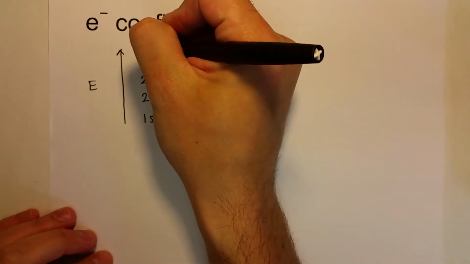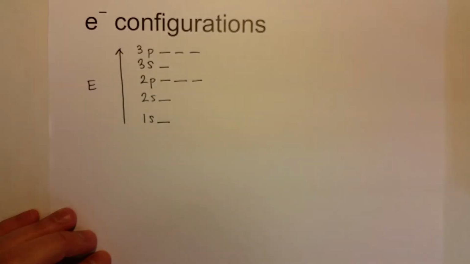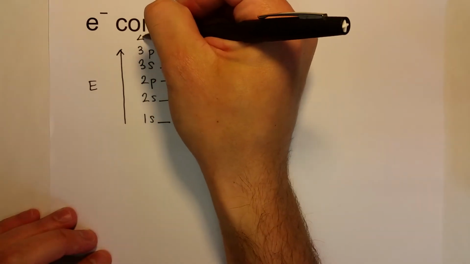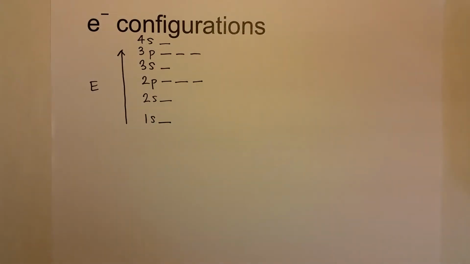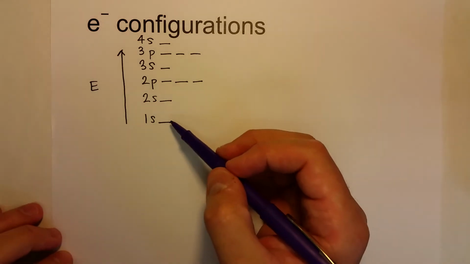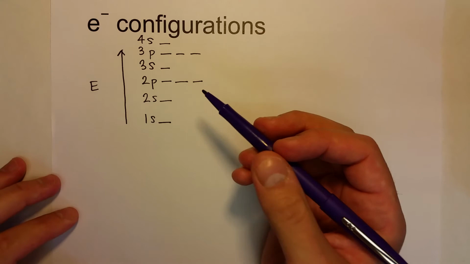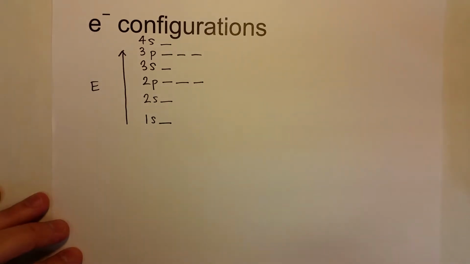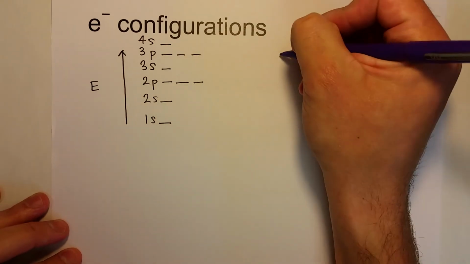Next is the 3p with another 3 orbitals, can hold 6 electrons. And finally, for our discussion, we'll stop at 4s for now. Okay, so what we're going to do is identify the electrons and what orbitals they're in for each atom.